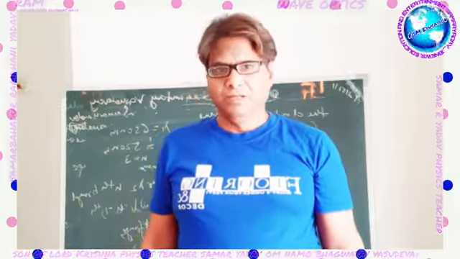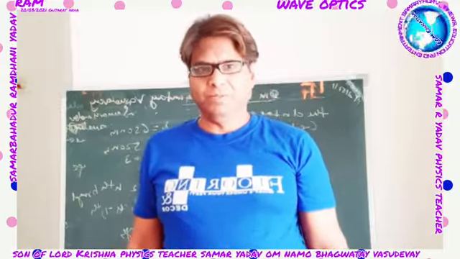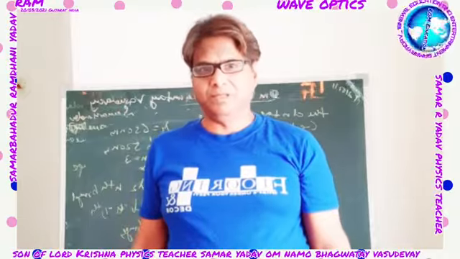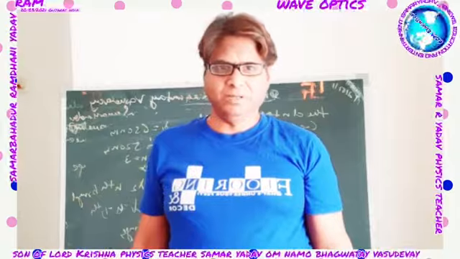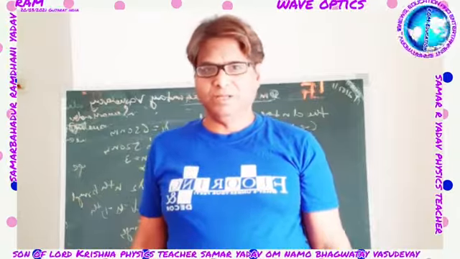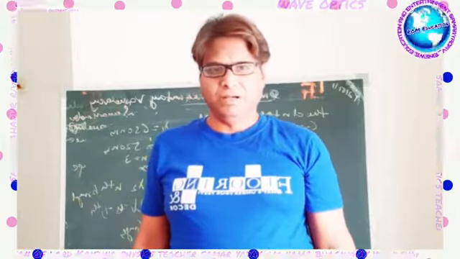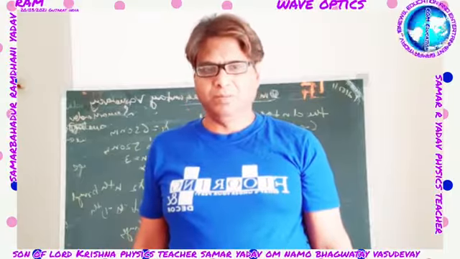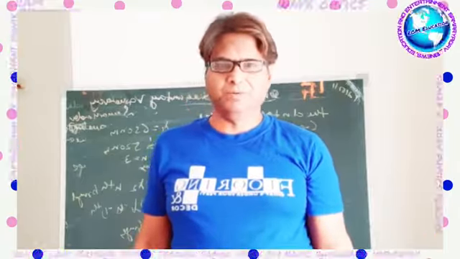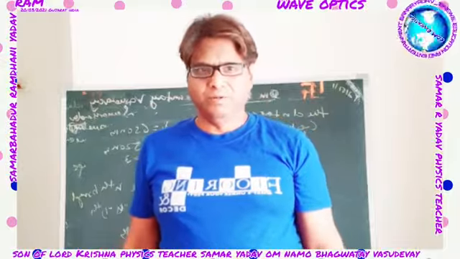Now let the nth bright fringe from the central maxima for wavelength lambda 2 coincide with the n minus 1 bright fringe for lambda 1. So we know that n lambda 2 is equal to n minus 1 into lambda 1. Keeping the values of lambda 1 and lambda 2, finally you get n is equal to 5.